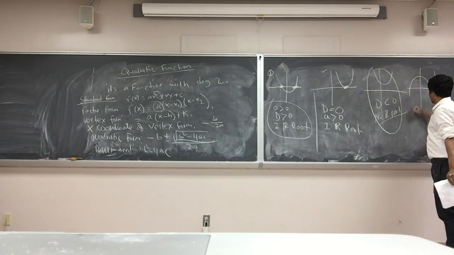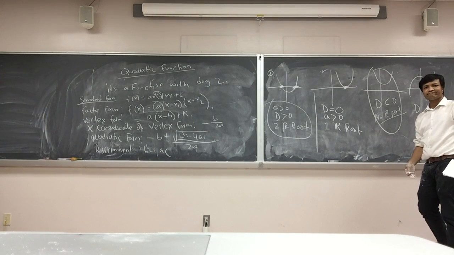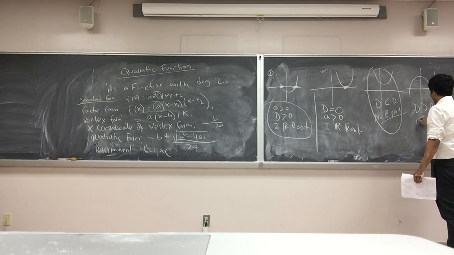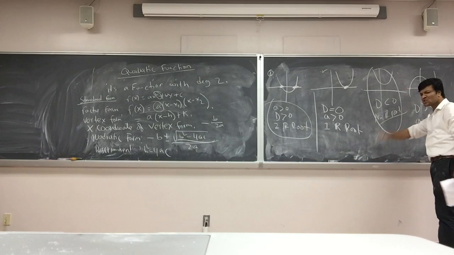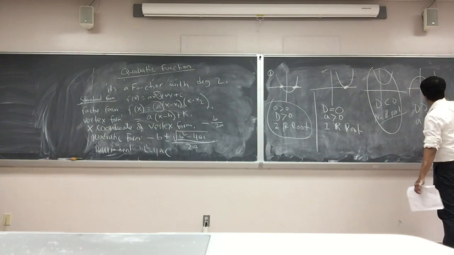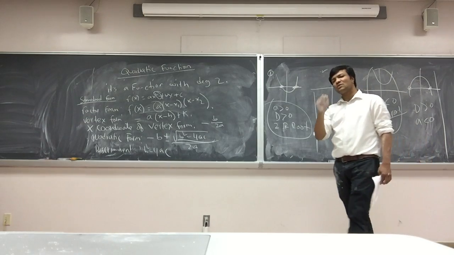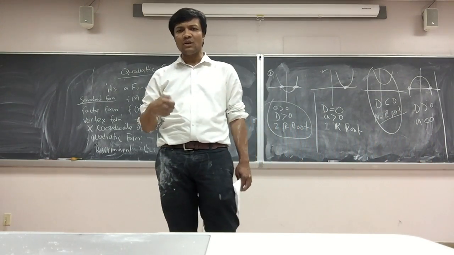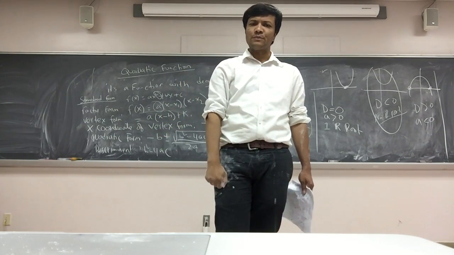What about this guy? D is of course greater than 0. What about a? a is less than 0. a is negative, so it has two real roots. We see that. So the discriminant, as long as it is positive, if a is negative, then it still will have two real roots.